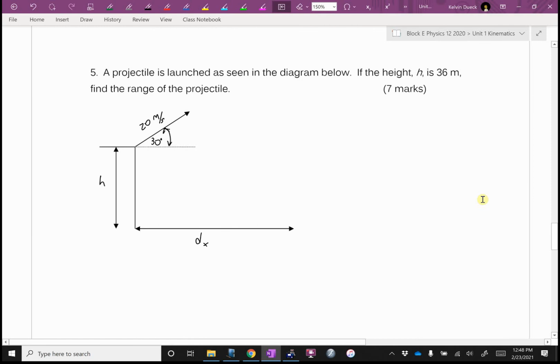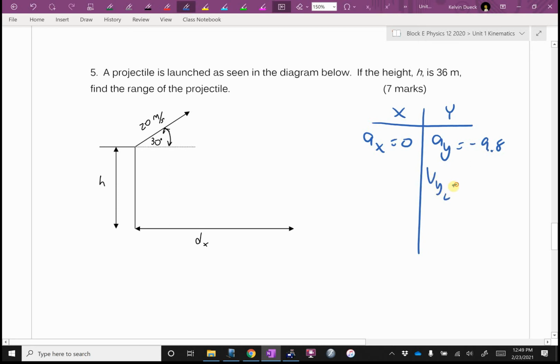Number 5. I see angles, components, cliff. It's going to be quadratic formula. Horizontal, vertical, AX is 0. AY is negative 9.8. VY initial, VY is going to be sine.